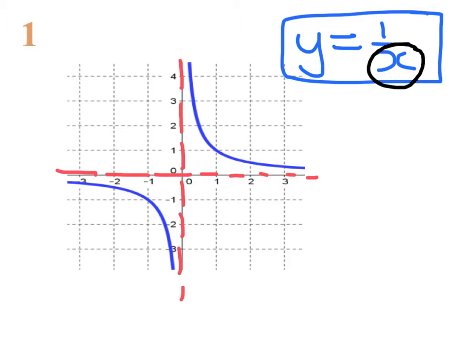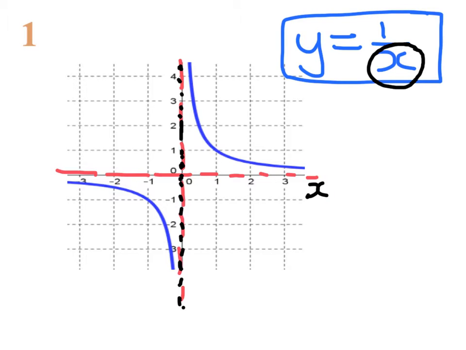So y is equal to 1 over x. I can't substitute 0 in there, and that means that on my graph, when I get to x equals 0, there's no definition. The function's not defined there. So I get that vertical dotty line. When the vertical dotty line is the axis, we don't usually bother to put it in, but it's still there.